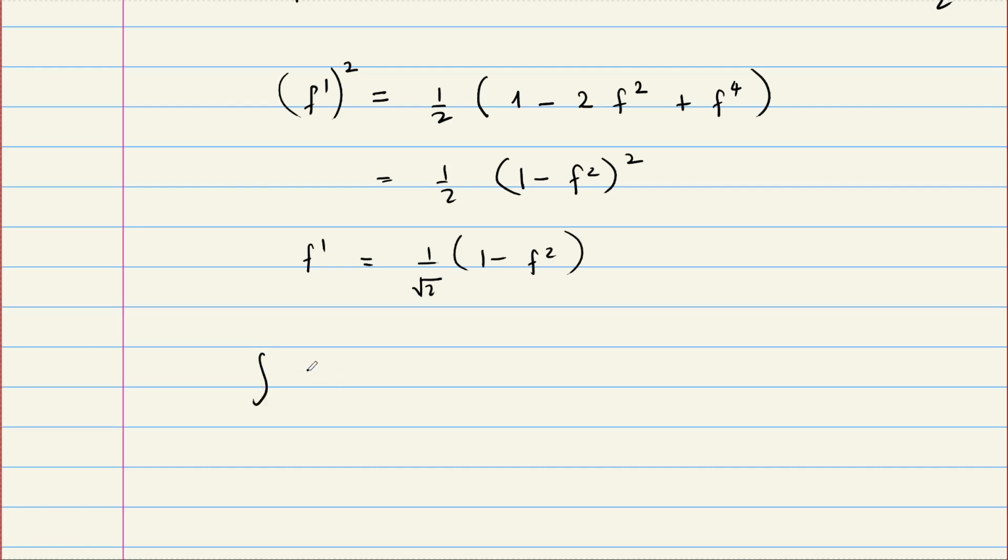I want to write df and du, taking everything f on the left hand side and everything u on the right hand side. So this is df over 1 minus f squared is equal to du over root 2.